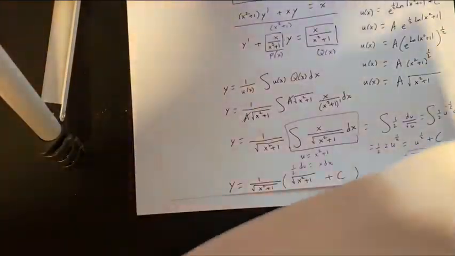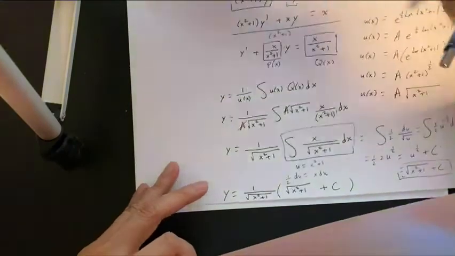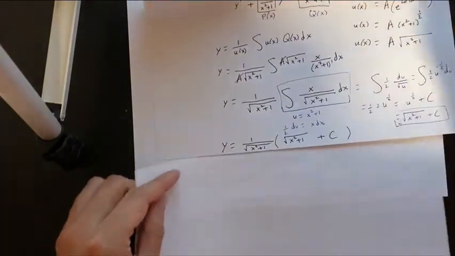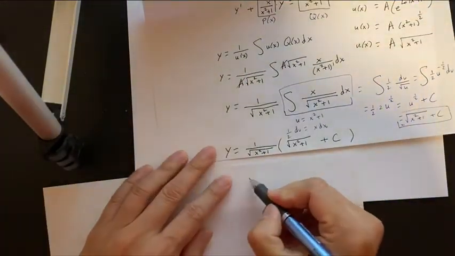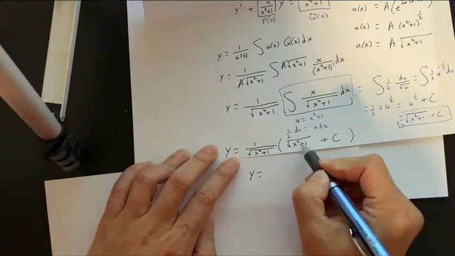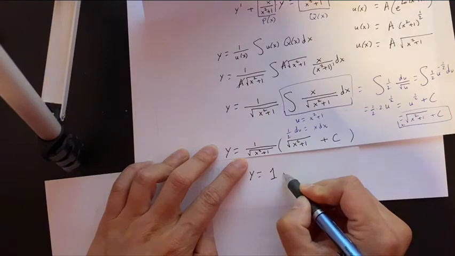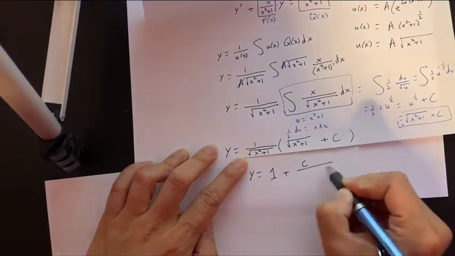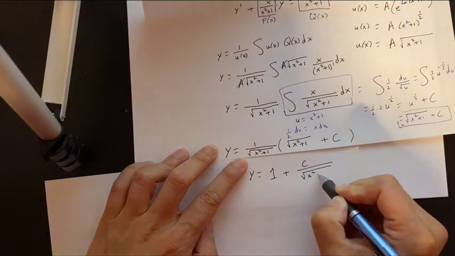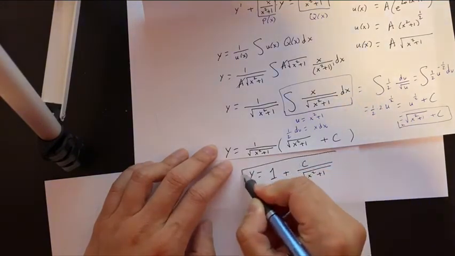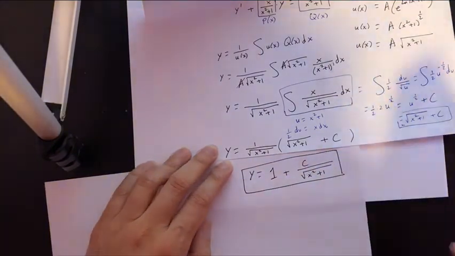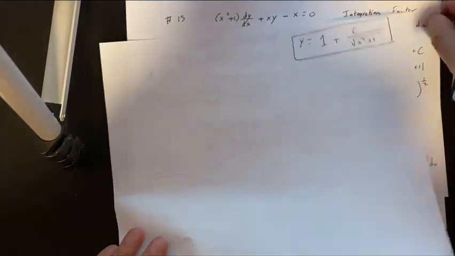And so the final answer will simply be, when you multiply this together, that's going to be a 1. And you have a c divided by square root of x squared plus 1. And this is the solution to this differential equation.